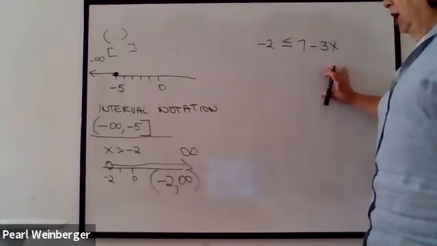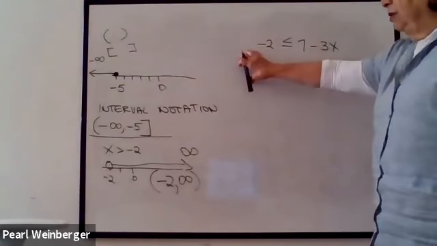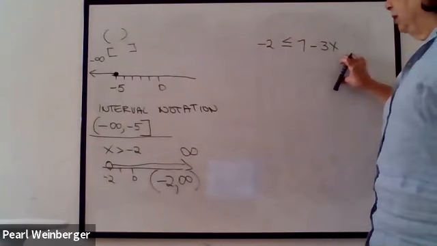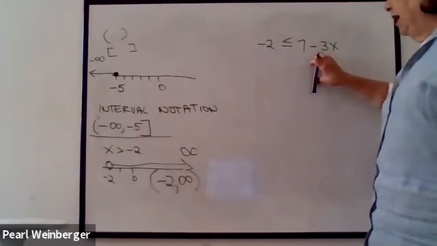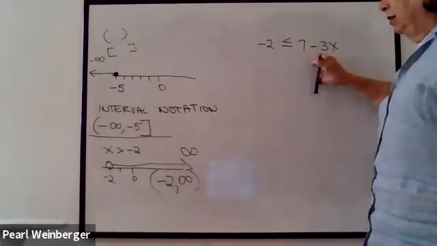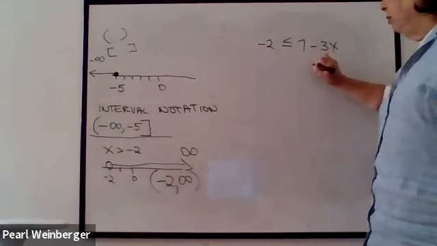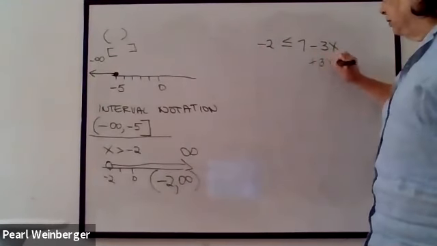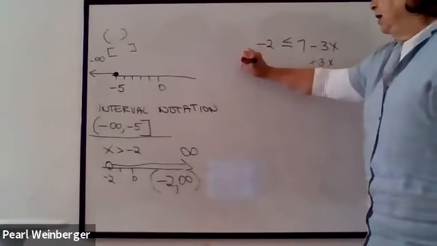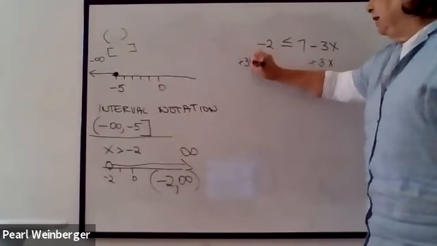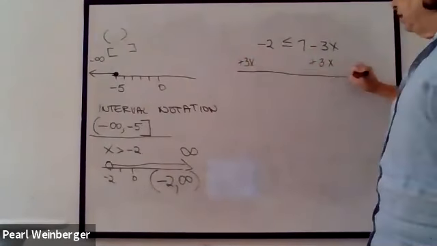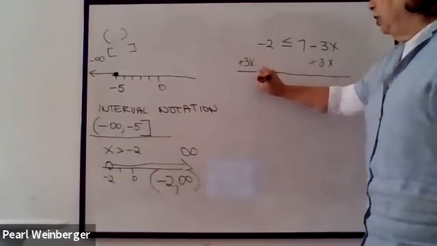I really want to get all the x's on the left side, all the numbers on the right side. Now, I happen to have an x only on the right side. So the first thing I'm going to do is add 3x to both sides. Even though it seems not the most efficient way to do it, it'll get me to what I want.